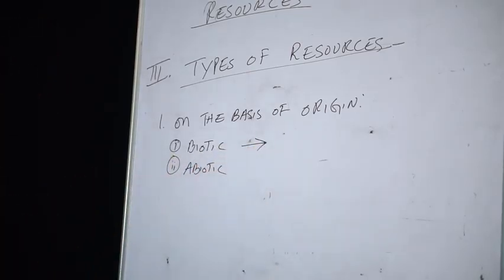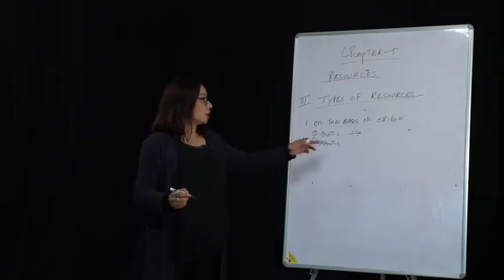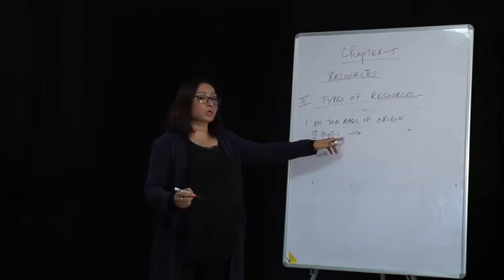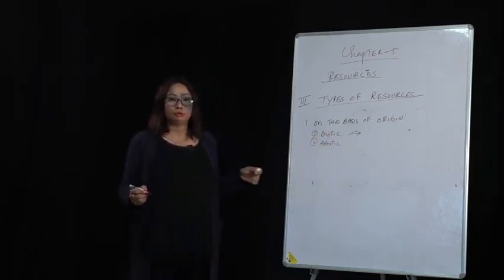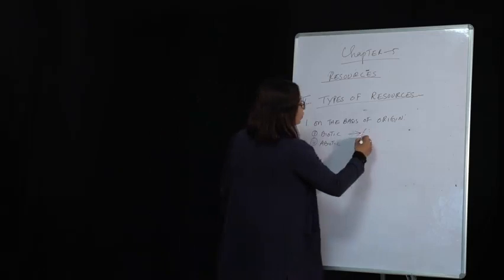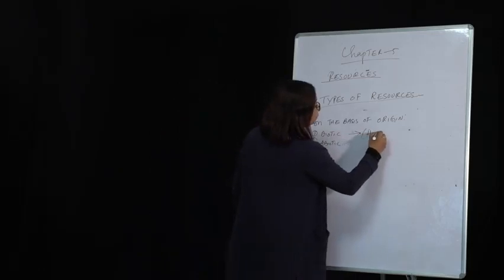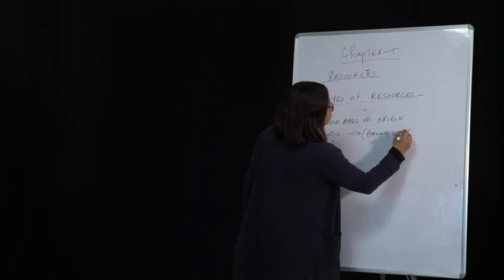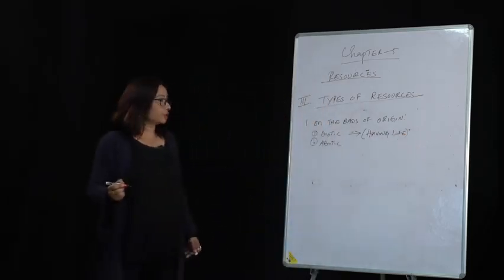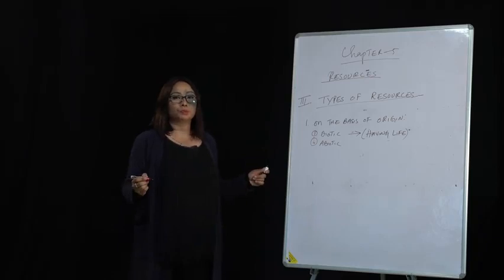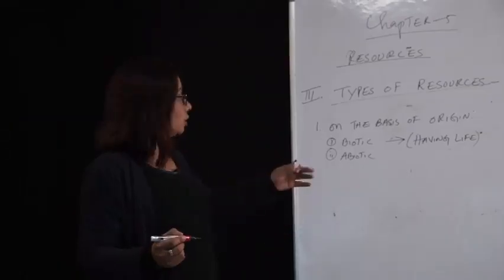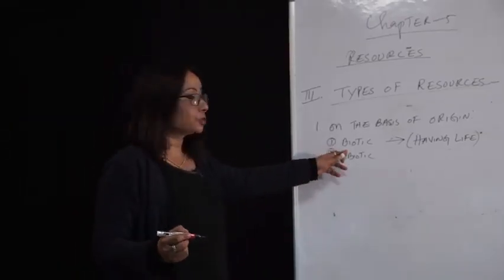Biotic means all those resources which are living, which are composed of or come from the biosphere, which are living or having life. So in short, I will write it here, having life. Comes from the biosphere, for example, human beings, livestock, fisheries, flora, fauna, all this comes under biotic resources.